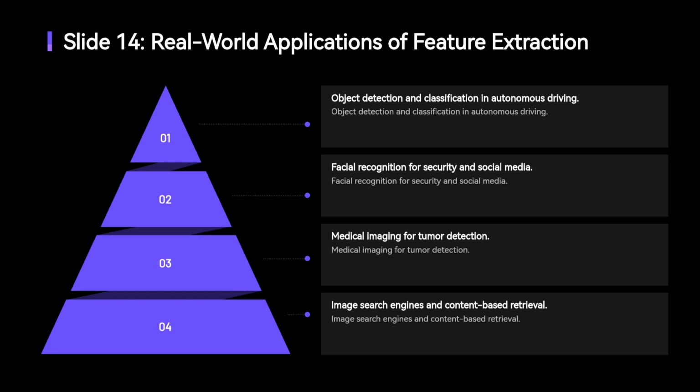Medical imaging: feature extraction is critical for identifying tumors, organs, and abnormalities in medical scans like MRIs or CT scans. Image search engines: feature extraction enables content-based image retrieval, where users can search for images based on their visual similarity. These applications benefit from the power of feature extraction, allowing systems to understand and process visual data efficiently.